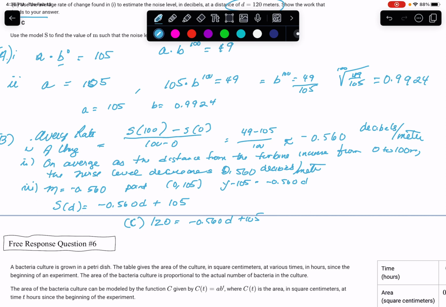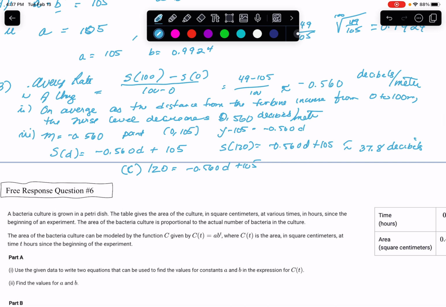So then we'll have to say S of 120 equals negative 0.560 D plus 105. So that's approximately equal to 37.8 decibels. So we got that done now. So back to C.